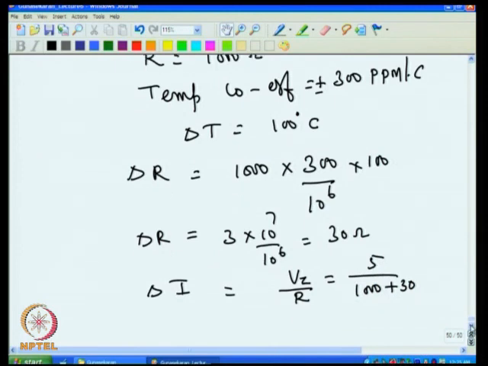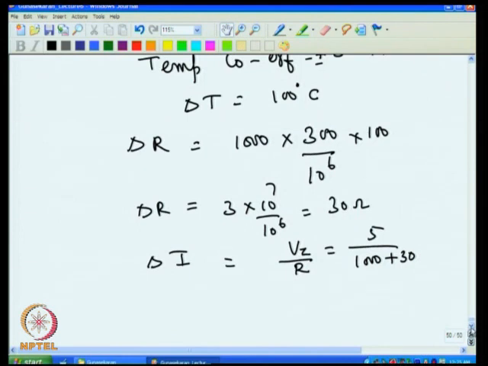So we now find out what the error is. The error would be 5 by 1030, in milliamps. So 5 volt divided by that, that works out to 4120.